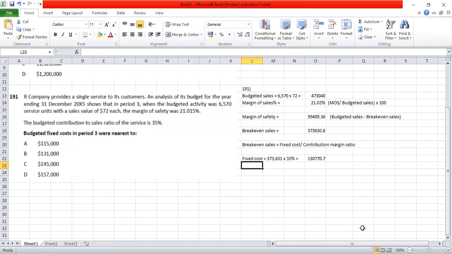It's not mentioned what nearest to that, but maybe they have rounded off to thousands. So the closest is 131,000, after rounding it up, because the answers are closer to this one, 131,000. So B is the option.